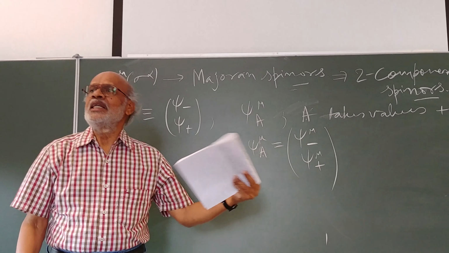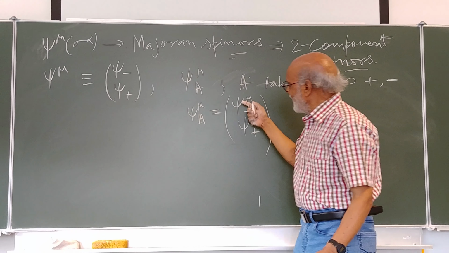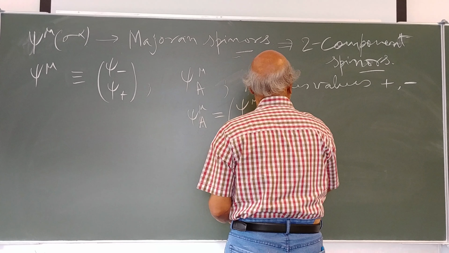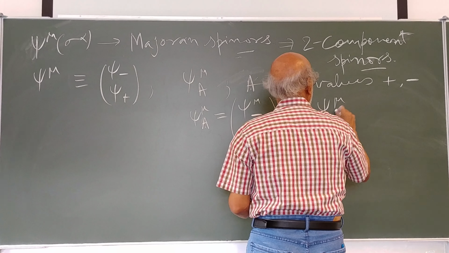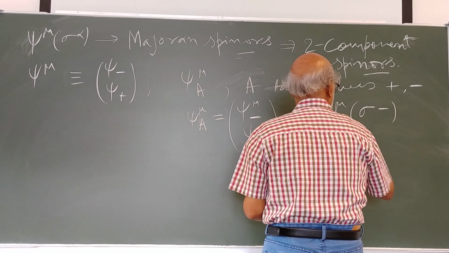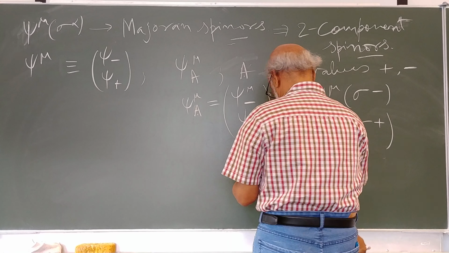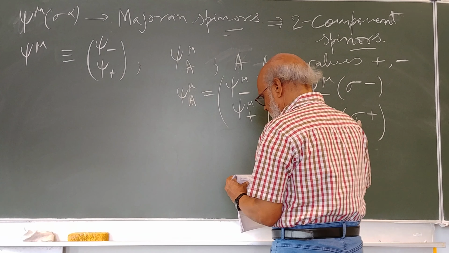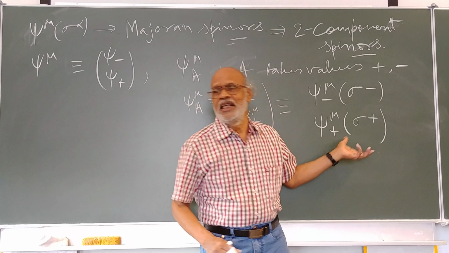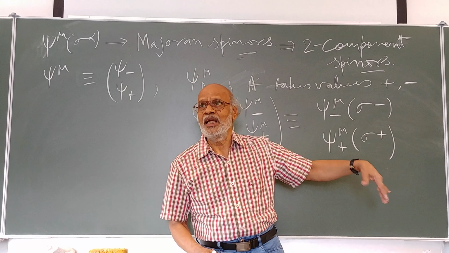When we eventually consider the theory in the light front, you will find that one of them is a left mover and one of them is a right mover. Psi mu plus depends only on sigma plus. Sigma plus is tau plus sigma, so it's a left mover.